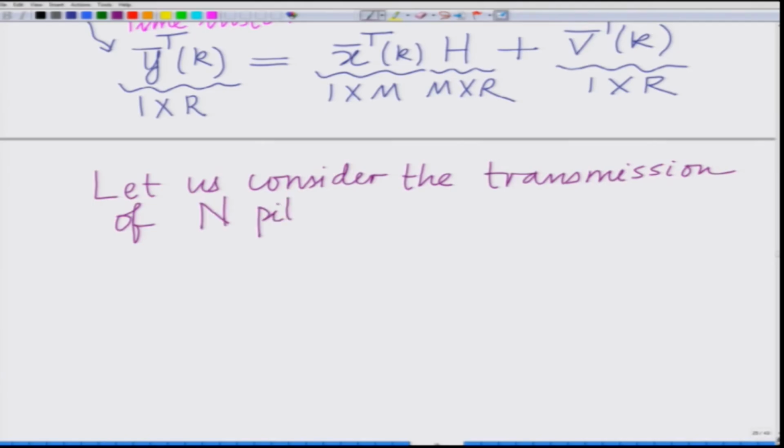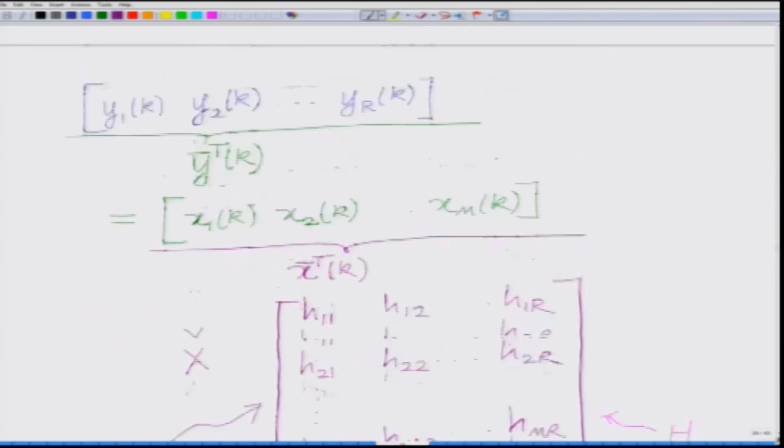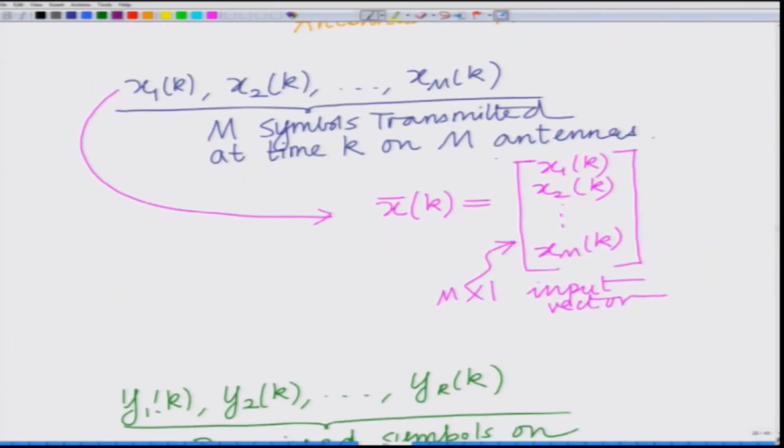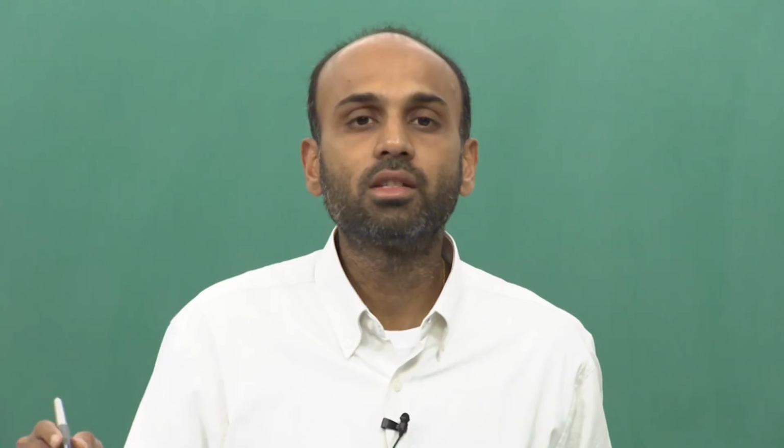By the way, we have not mentioned it explicitly, but it should be clear to you that this x bar of k is nothing but a pilot vector. Since we are considering this for channel estimation, we are assuming this to be known, similar to your multi antenna downlink channel estimation scenario where you have the transmission of pilot symbols.